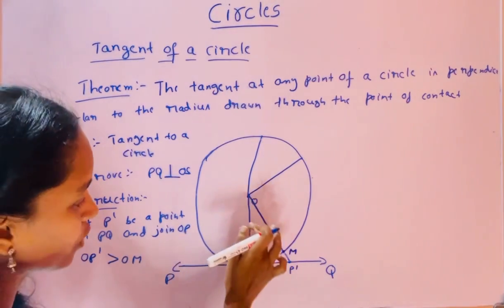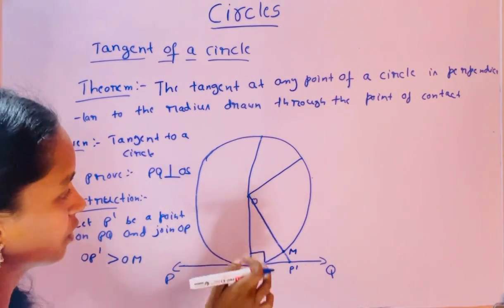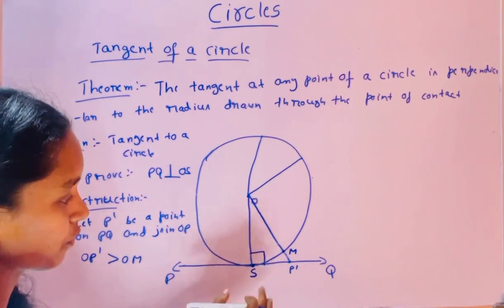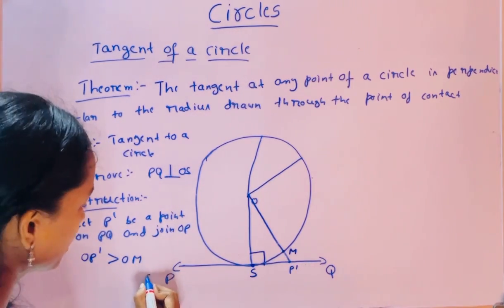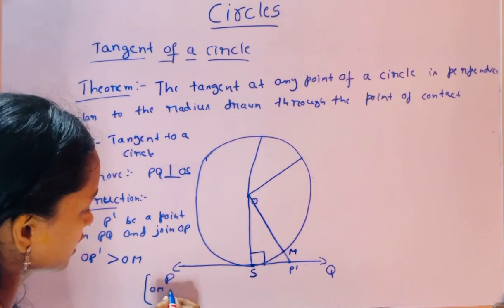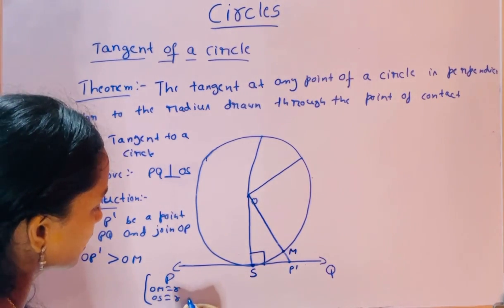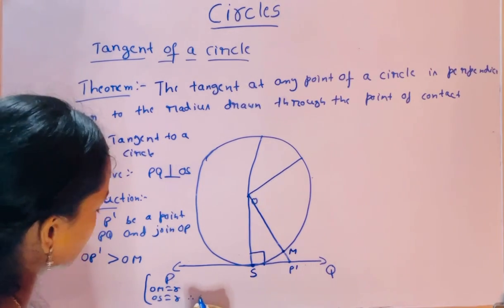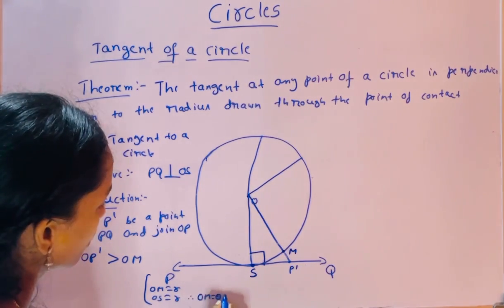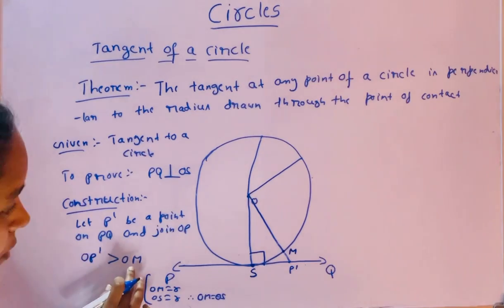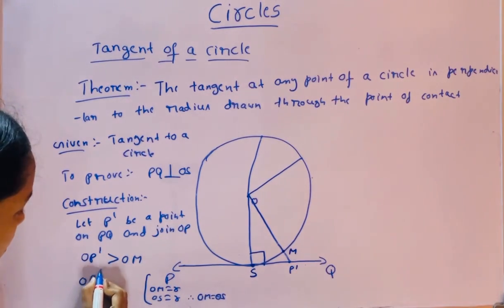Since OM and OS are radii of a circle, OM is equal to R and OS is equal to R. Therefore, OM is equal to OS, so we can replace OM by OS. That is, OP dash is greater than OS.